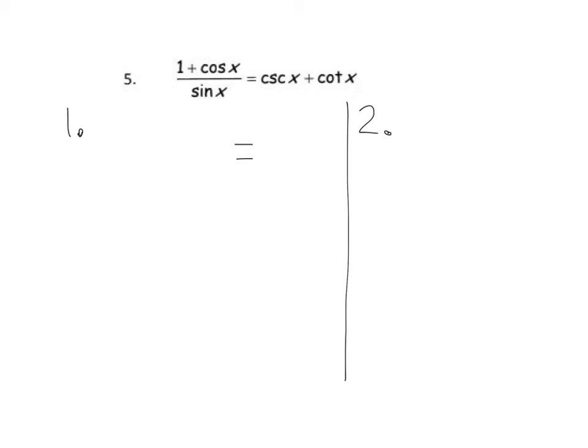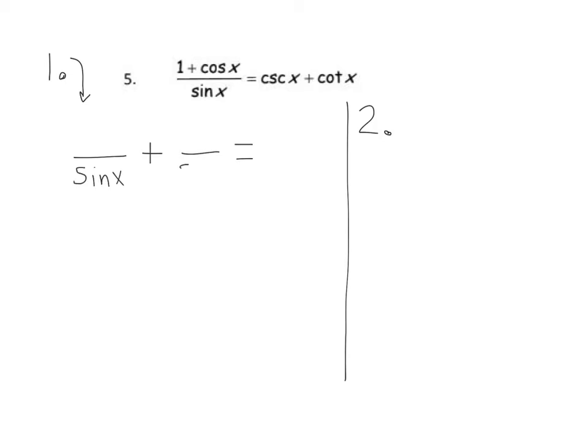So what I'm going to do is break up the fraction into 2, and we of course can do that when we have one term in the denominator and more than one term separated by addition in the numerator. That's when we can break up fractions.